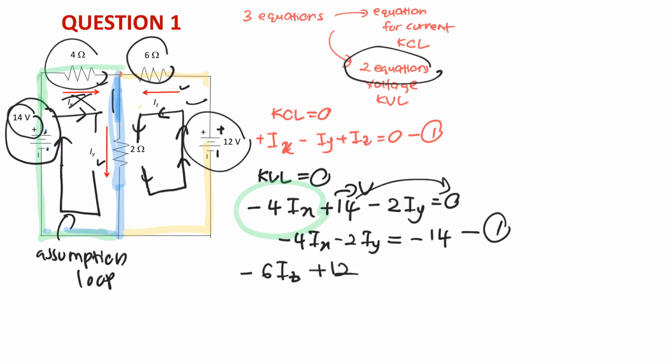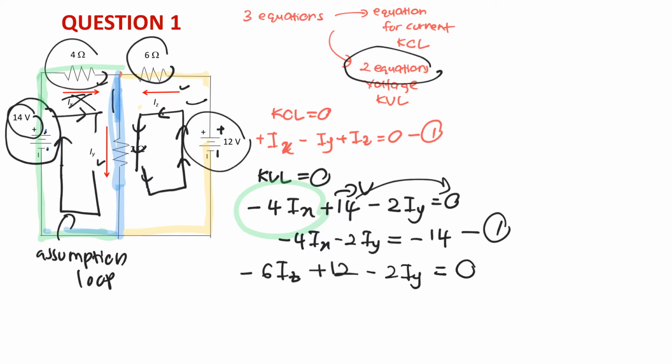Right now your assumed loop here is moving in the same direction as your currents inside the circuit, so it's going to be negative or positive? Yes, it's going to be negative. So negative 2Iy equals to what? 0.